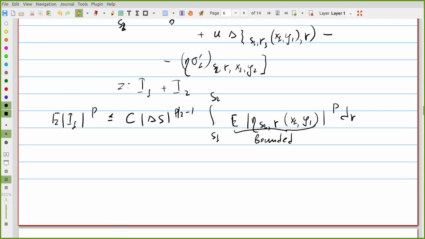So this whole integral is estimated by some constant times S2 minus S1, which gets rid of this minus 1. So it immediately gives us the answer.